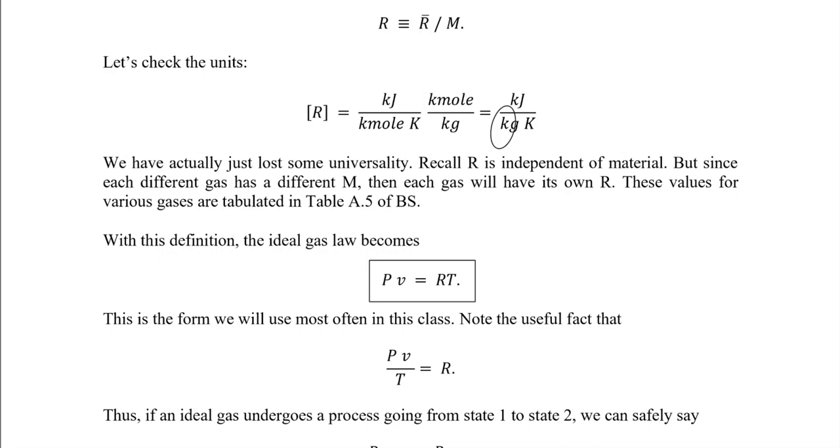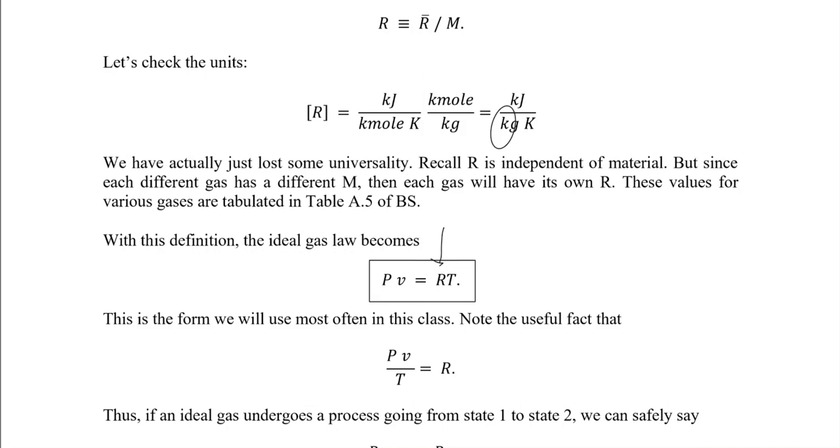So what does this say? It is telling us R is definitely a constant. This equation derives a relationship between pressure, volume, and temperature.